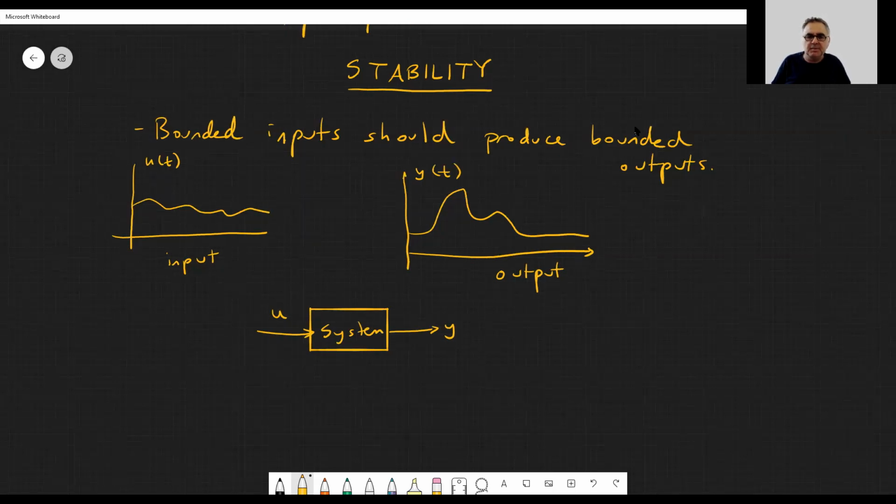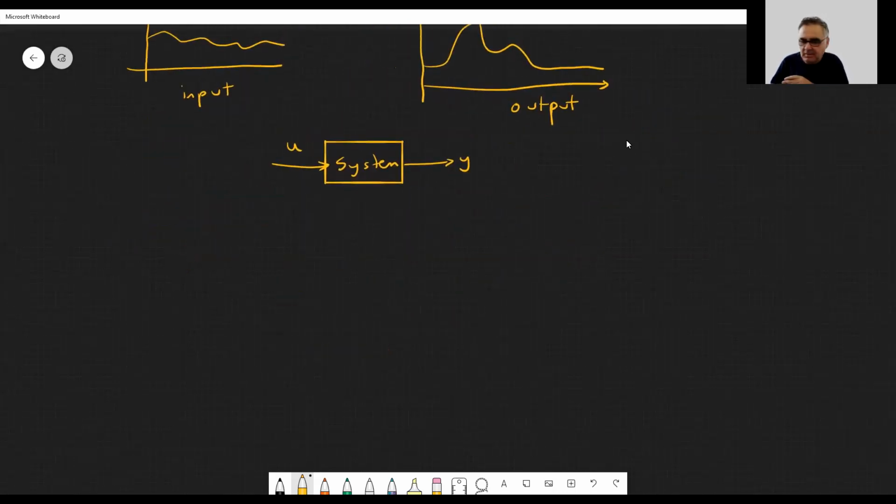Now, for example, a typical classical example of stability is the pendulum. As you know, the pendulum by itself, if you hang it from a wall like this one, eventually settles down at this position.